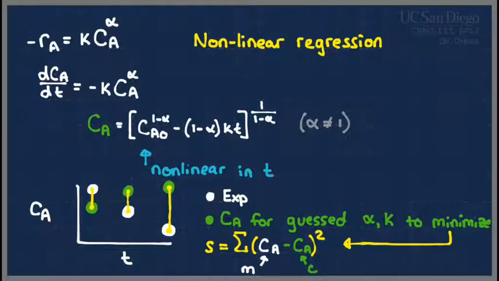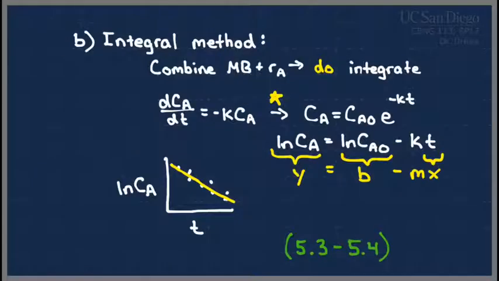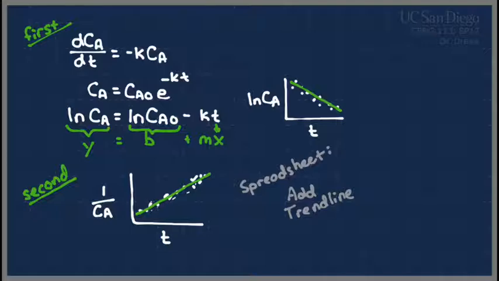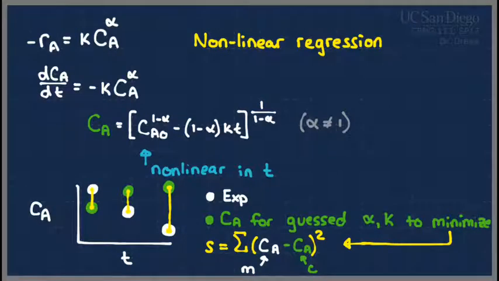But this is an example of what you would do if the situation were more complicated. This is the same thing that you would do even if you were doing the differential analysis. So if you were doing this differential method and your plot of dCA/dt as a function of CA didn't fit any of the standard forms and you had to do something nonlinear, you would end up doing exactly the same analysis that we've got here at the bottom where you're minimizing that S parameter.